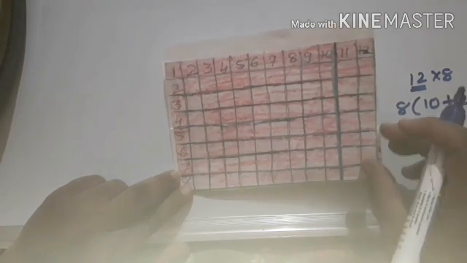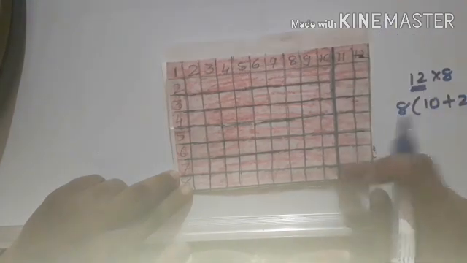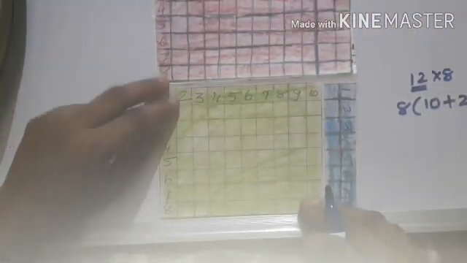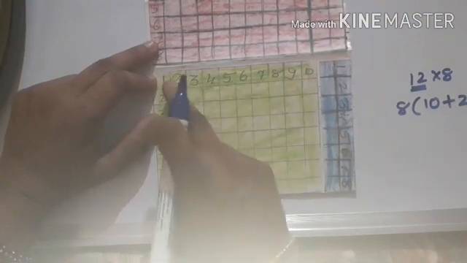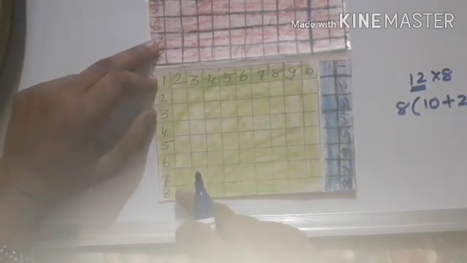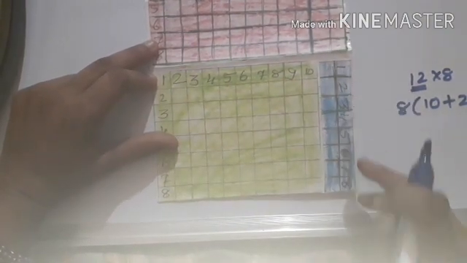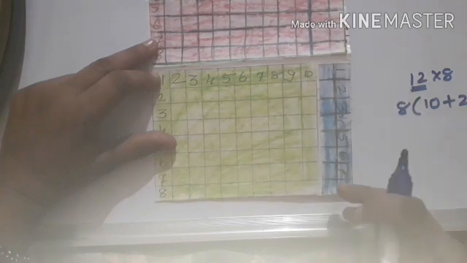So this part I will tear off, and you can see here I have pasted it over here like this. So the first part is 10 into 8, and the second part is 2 into 8.